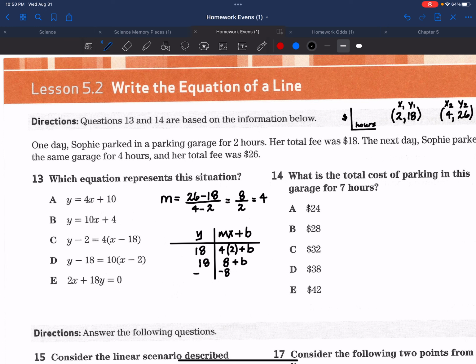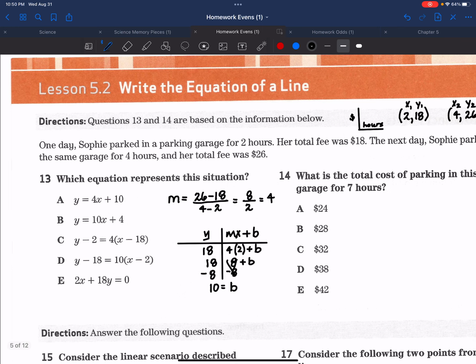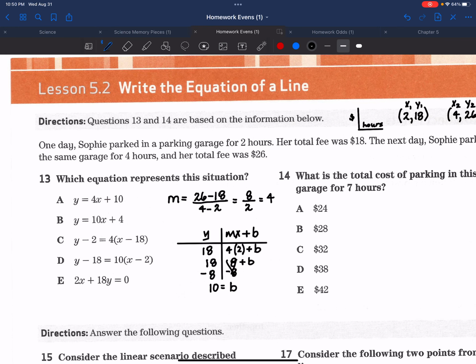Minus 8, minus 8. So baby b is going to be 10. And then we really don't even have to write more, because once you find baby b, here is your formula. y equals mx, 4x, plus baby b.